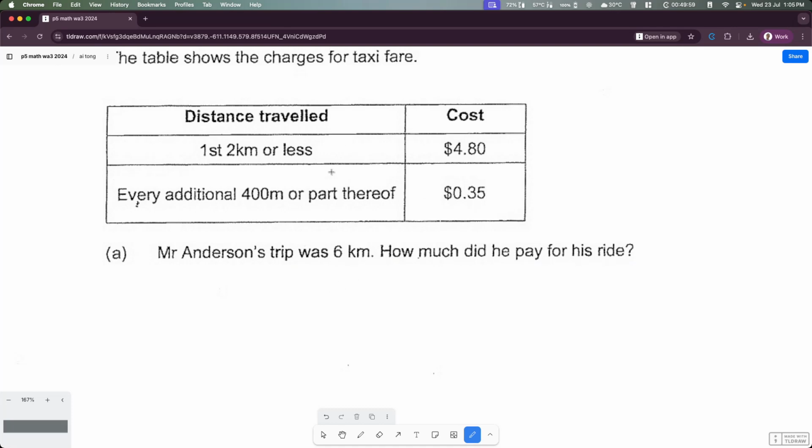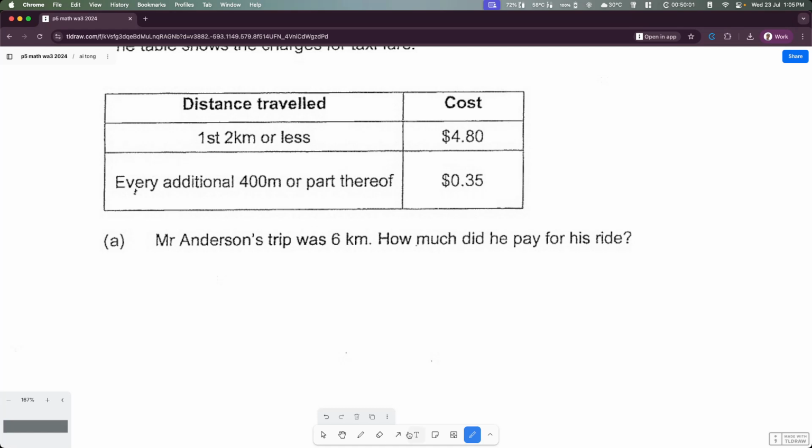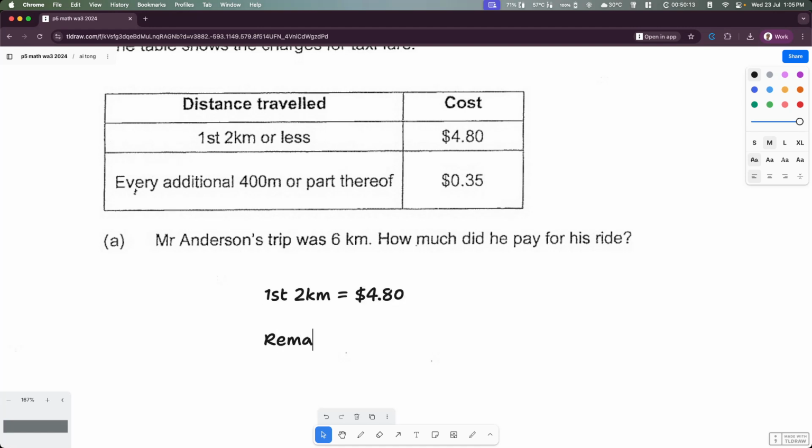Okay, so first, what I'm going to do is write down. Okay, first 2 kilometers is equal to $4.80. So what is the remaining? So total trip is 6 kilometers, right? So first 2 kilometers, we need to pay $4.80.